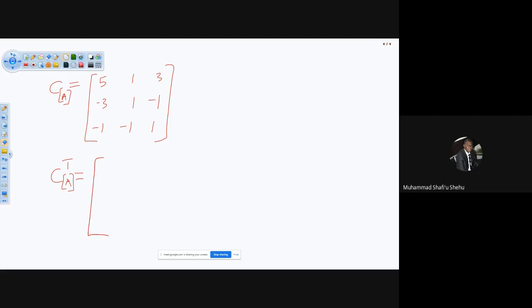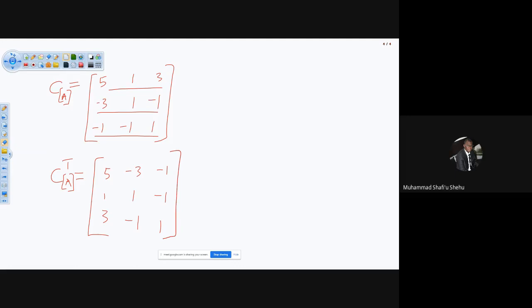So now we're going to choose this row and make it column here: 5, 1, 3. We choose the second row, we make it column here: minus 3, 1, minus 1. And we choose this row and make it column here, which is minus 1, minus 1, and 1. So this is our cofactor transpose.